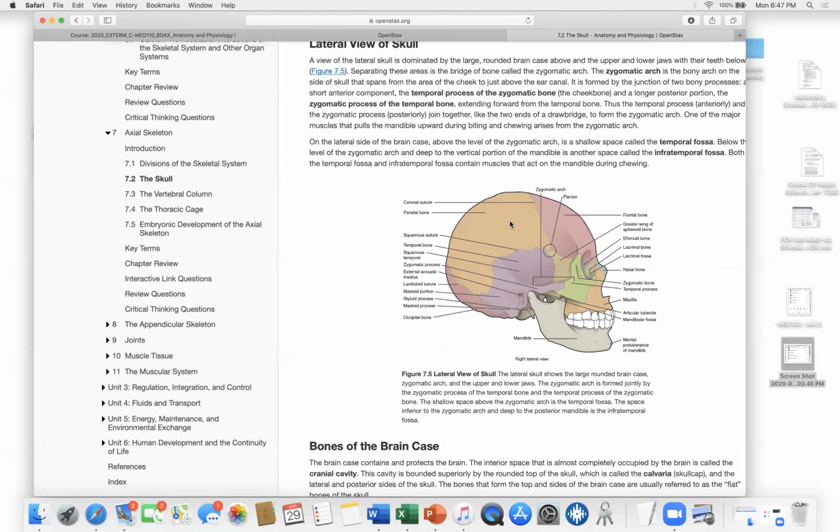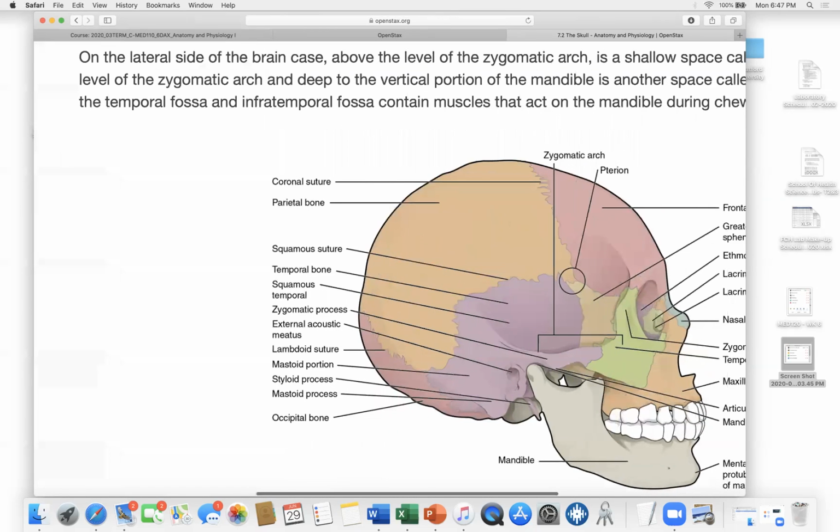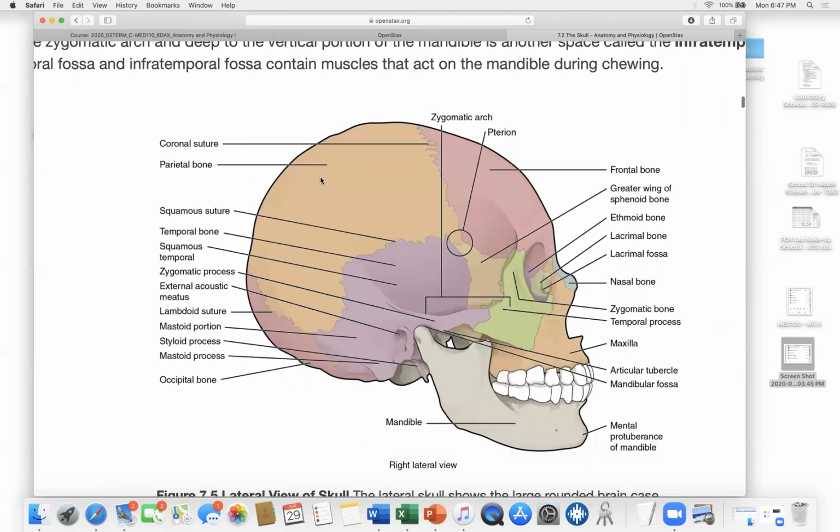So they had these soft spots. The soft spots were called fontanelles. And when you get older, the bones grow and then they fuse together. And we're going to talk about them in joints, right? And they form these sutures.